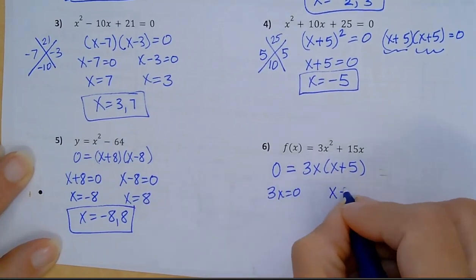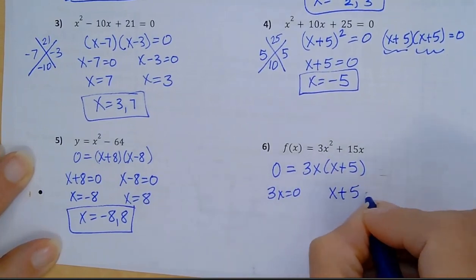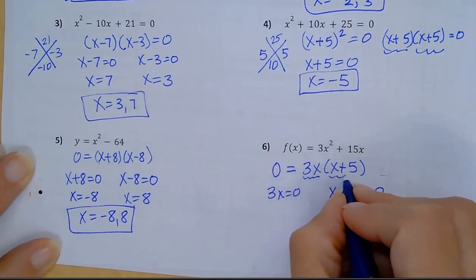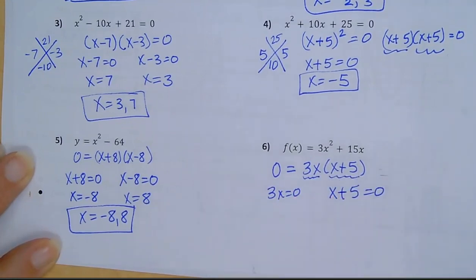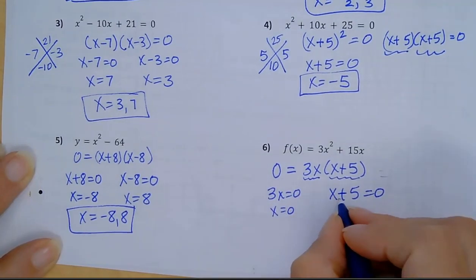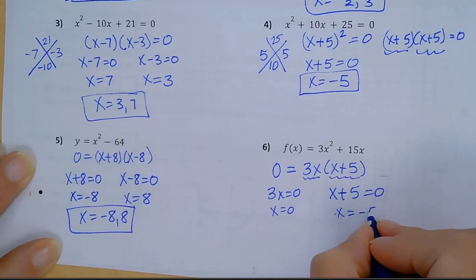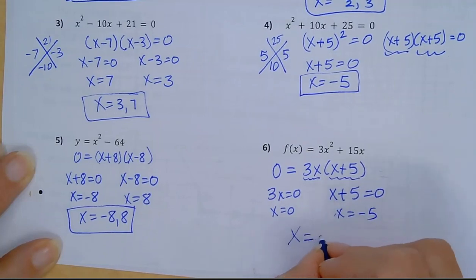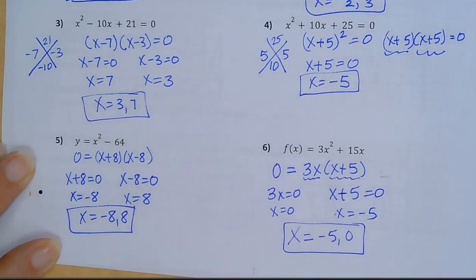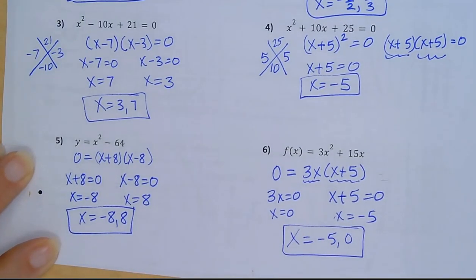And also, if I have x plus 5 equals 0, either one of these, this equals 0 or this equals 0, is going to make it true, yeah? So divide each side here by 3, x equals 0, and subtract 5, x equals negative 5. Those are my options. x equals negative 5 and 0. Both of those are solutions and would make my whole function equal to 0.